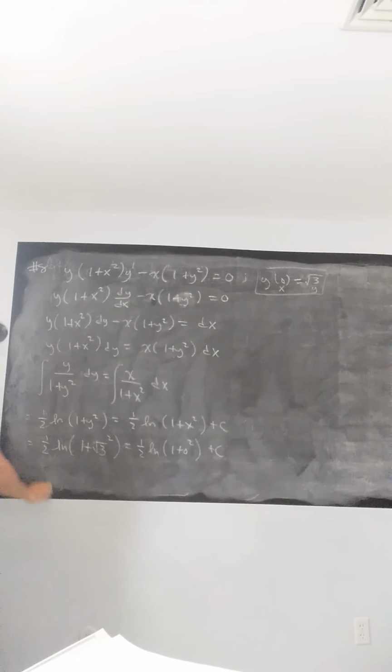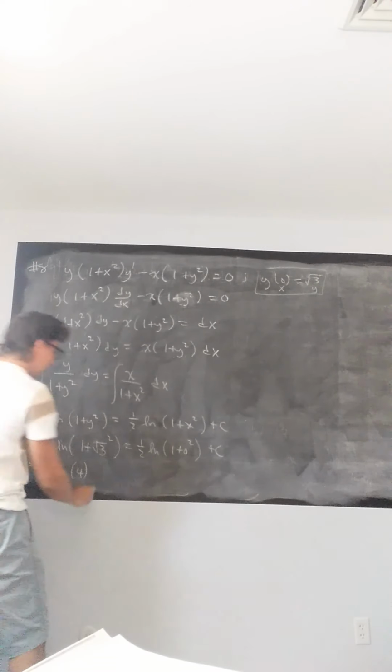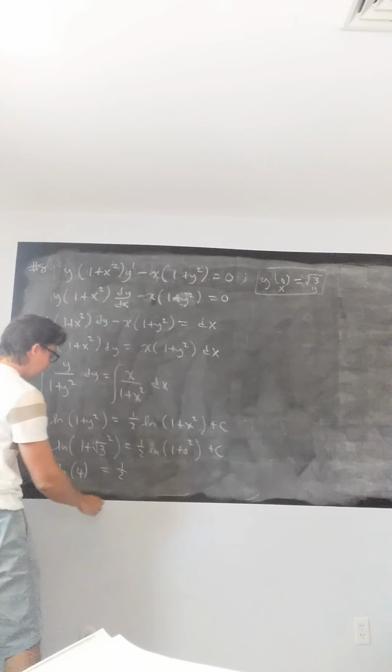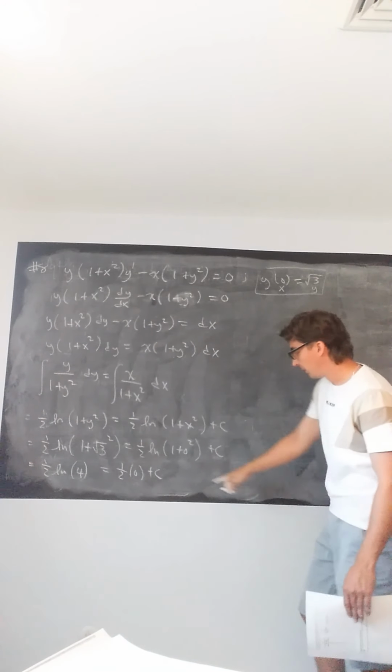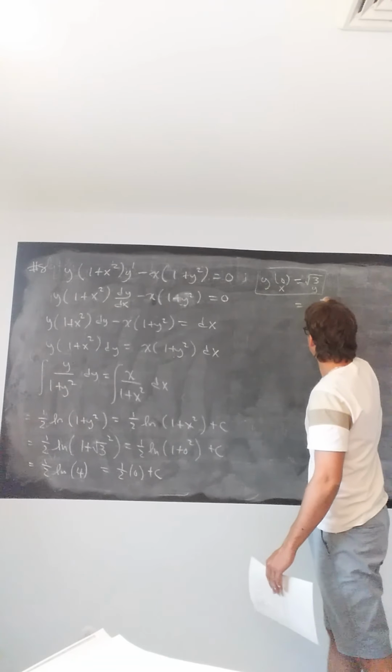Okay? So that's going to give you 1/2 the ln of 4, and this is going to give you 1/2 the ln of 1, which is 0. So that works out really nice over here. On the right hand side, you're just going to get a c.